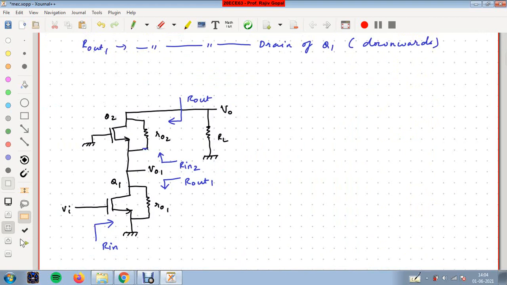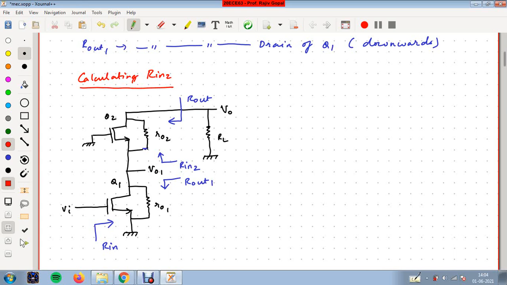Now the problem is calculating Rin2. So this was the earlier diagram.